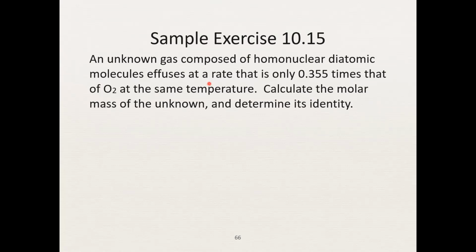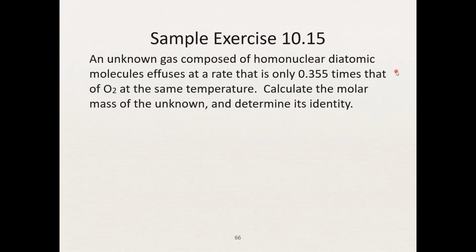And then an unknown gas composed of homonuclear diatomic molecules effuses at a rate that is only 0.355 times that of oxygen at the same temperature. Calculate the molar mass of the unknown, and then determine its identity. So the determine its identity part may seem a little bit challenging, but since we're told it's a homonuclear diatomic molecule, we just think about what that means.